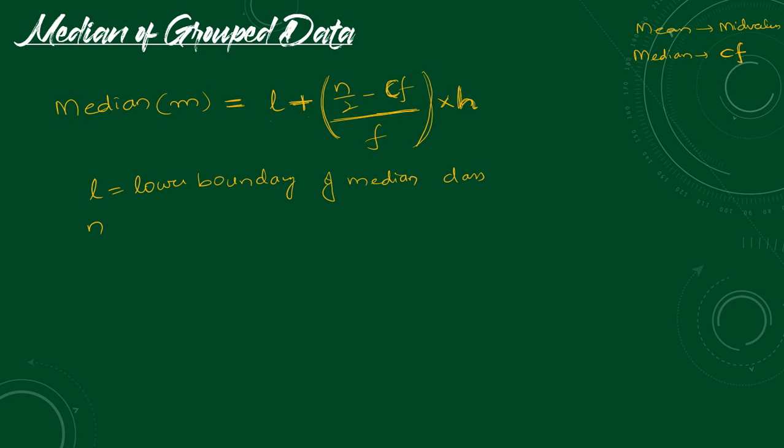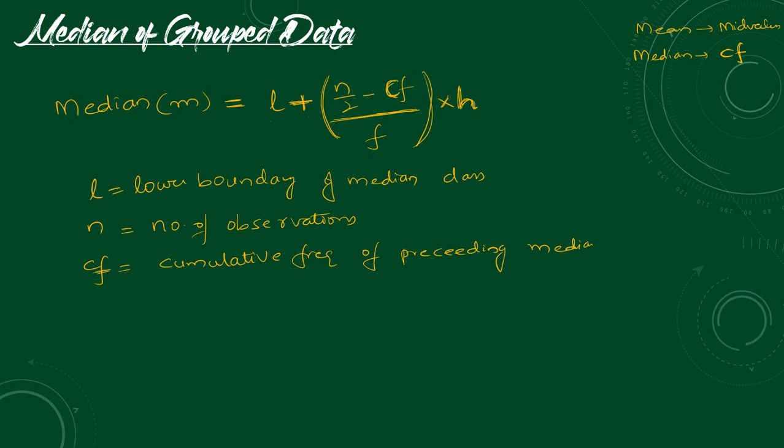Next, n, which you already know, is the number of observations. Next, CF means cumulative frequency of the preceding median class. Since we are going to find the median class, it is the preceding median class.